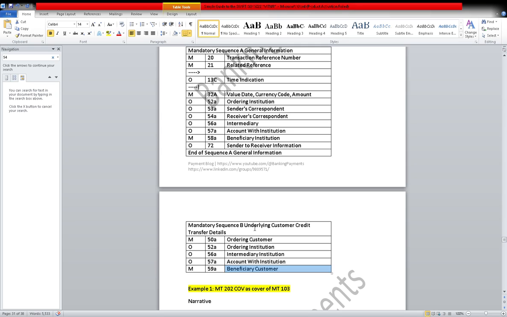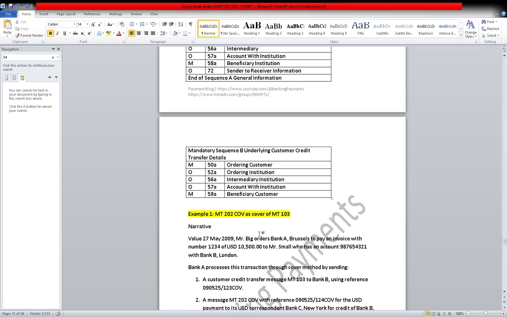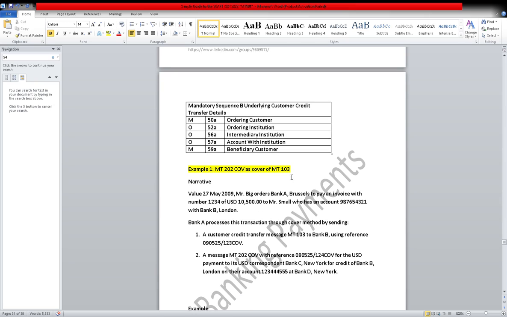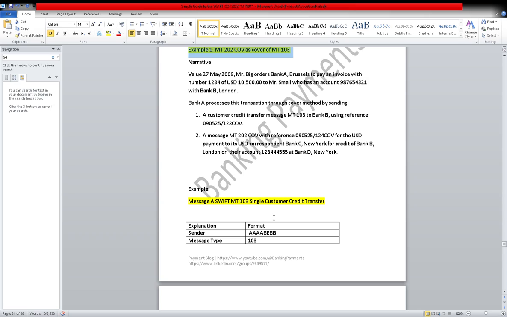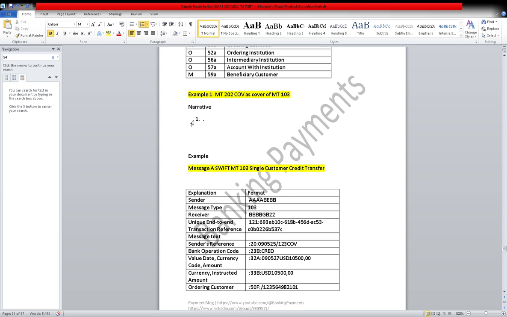Got it? This is sequence A and sequence B. Now we have just discussed the MT202 cover method payment. I don't want to take it up again, and this example is very complicated.